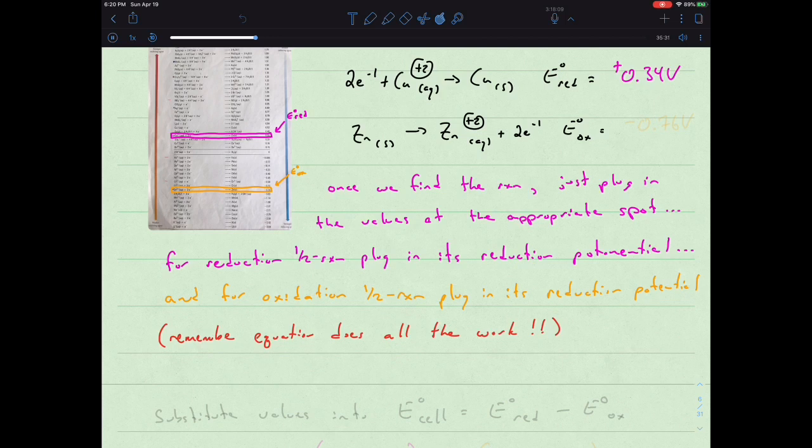And our oxidation potential that we're going to plug in is going to be equal to a negative 0.76 volts.